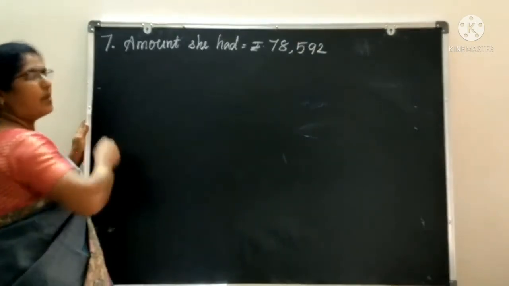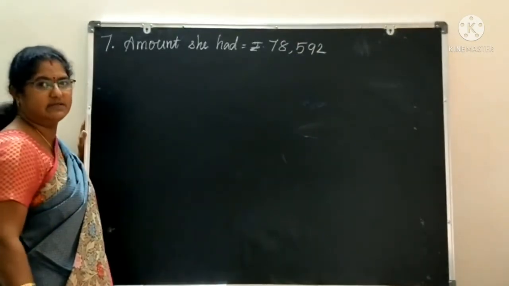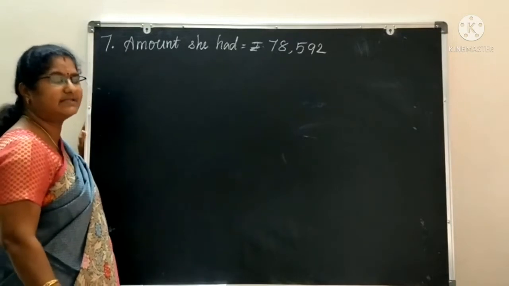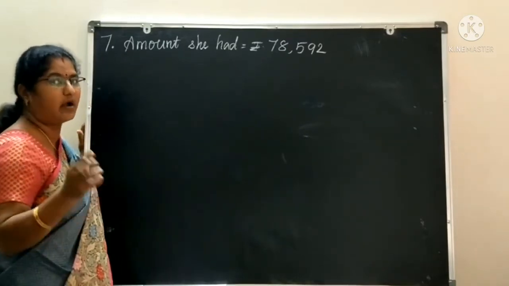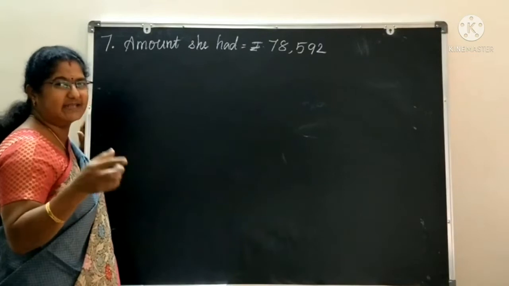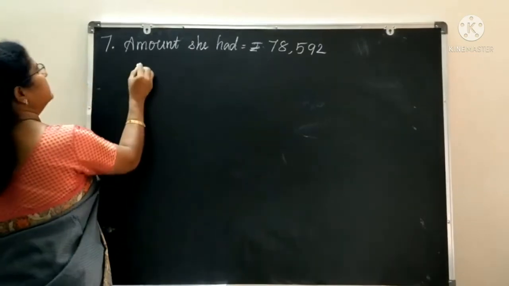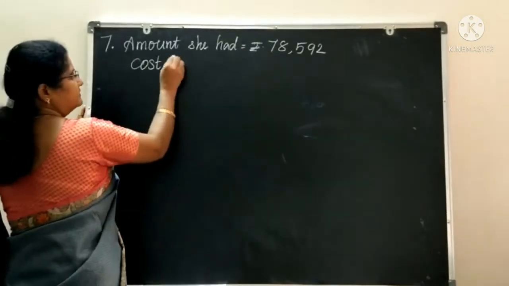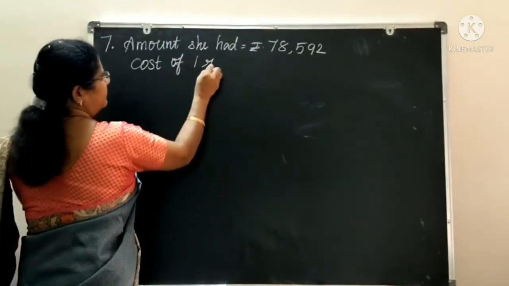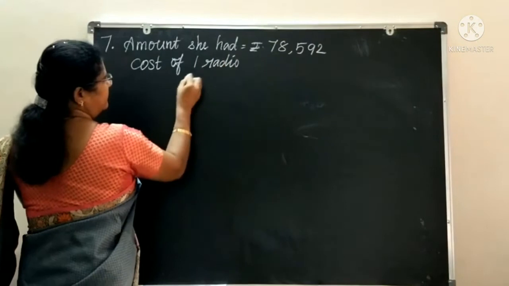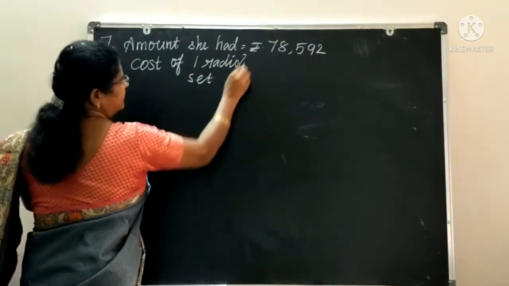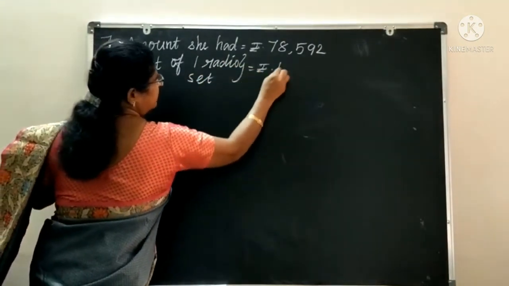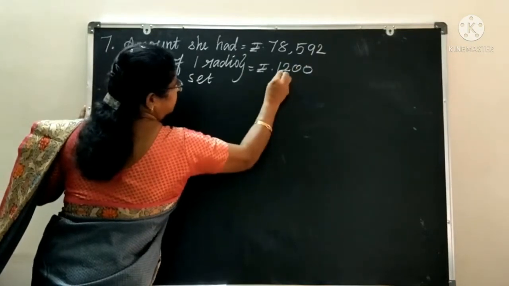Now she bought a radio set at rupees 1200. But she bought 40 radio sets. The cost of one radio set, or the price of one radio set, is equal to rupees 1200.